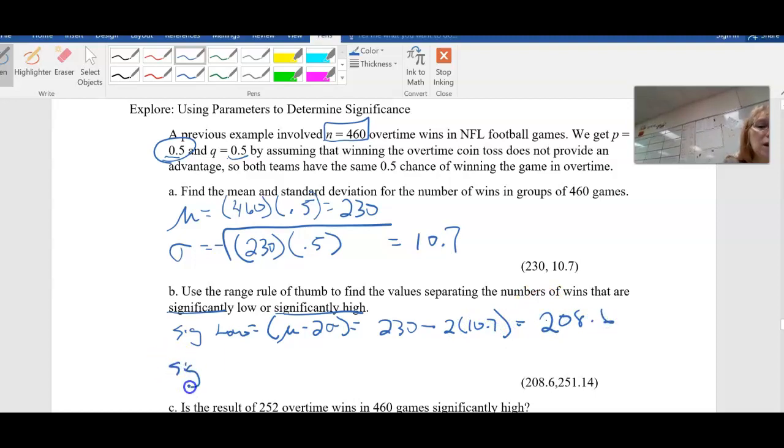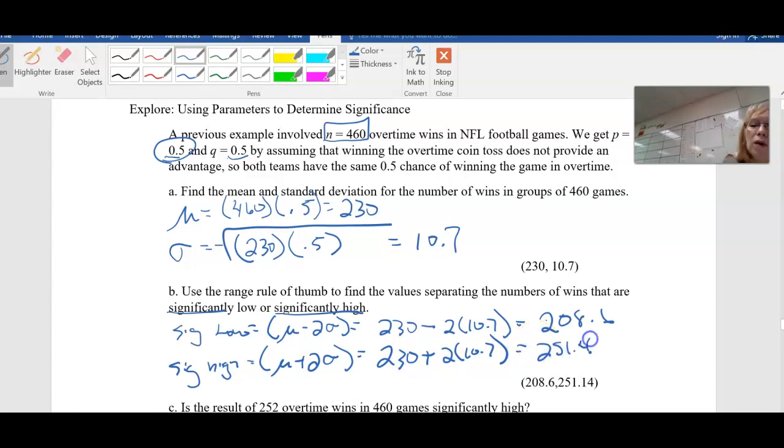And our significantly high, same thing but addition. You're taking your mean plus 2 standard deviations. So that's your mean, which is 230, plus 2 times the 10.7, and you get 251.4. So our range is 208.6 to 251.4. Should have been in brackets. Sorry about that.